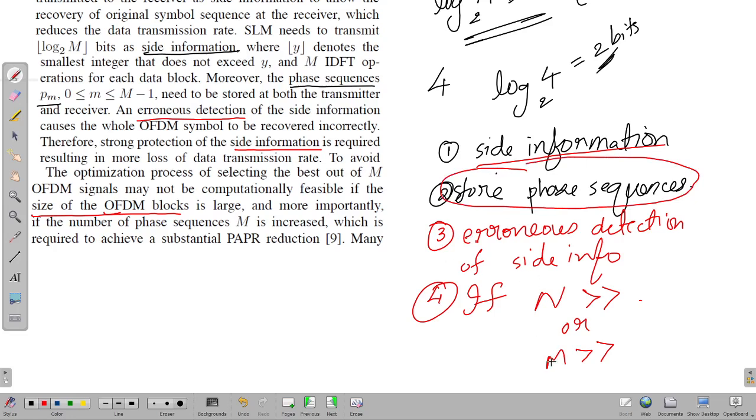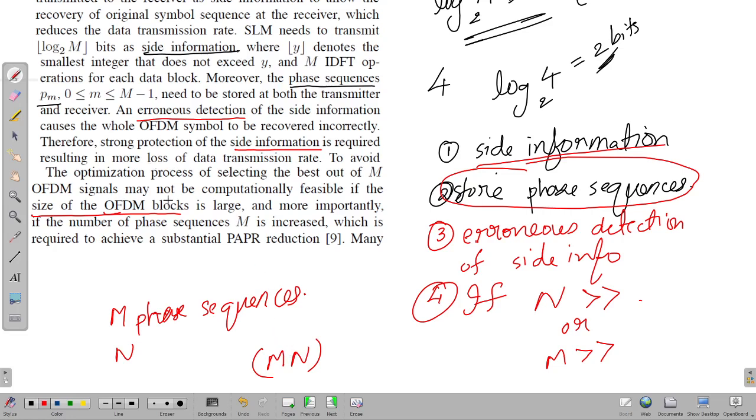Remember, each of the phase sequences has a length of N. So if you have M phase sequences, each of length N, you need M times N units of storage space. If N or M is large, the storage you need is going to increase.